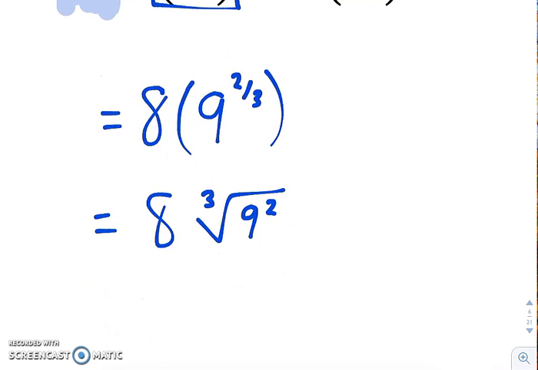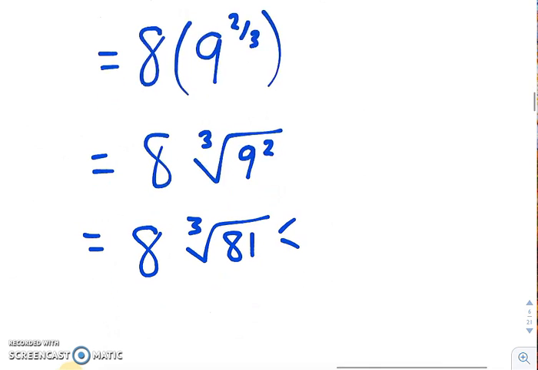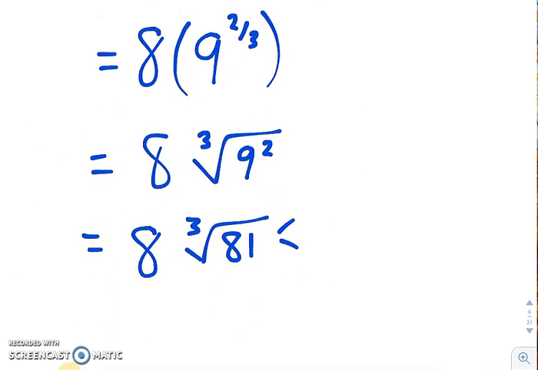And 9 squared is 81. So I'm going to simplify to make sure I don't have any perfect cube roots underneath here. So we can do 9 and 9, 3 and 3.